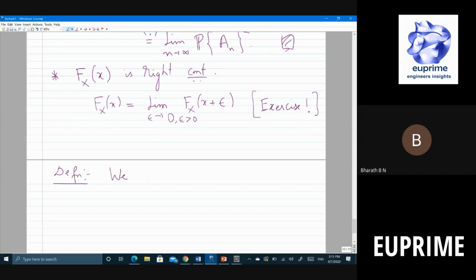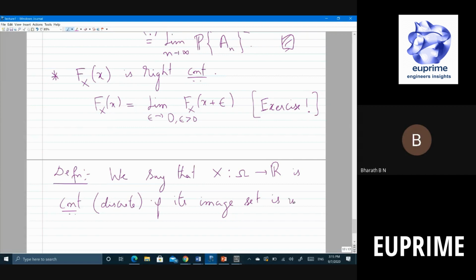We say that X mapping omega to R is continuous (discrete) if its image set is uncountable (countable). Okay, what do you mean by that?